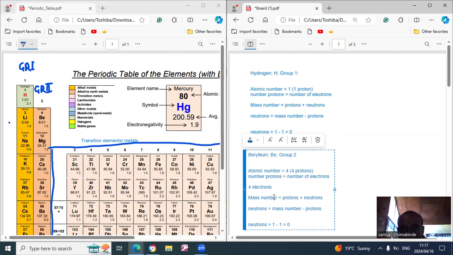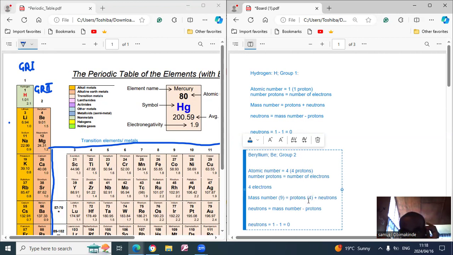Then the mass number, remember, equals the number of protons plus neutrons, right? So the mass number of beryllium in this case will be 9 if we convert 9.01 to the nearest whole number. I remember it has 4 protons.